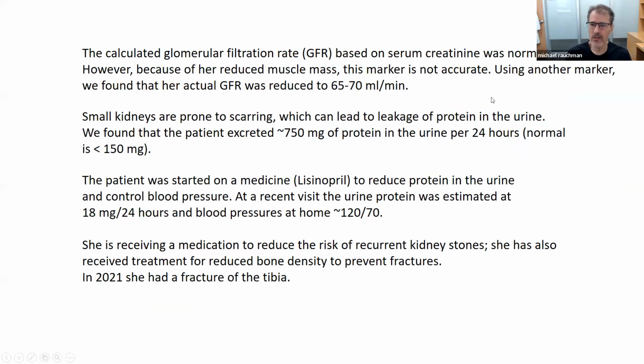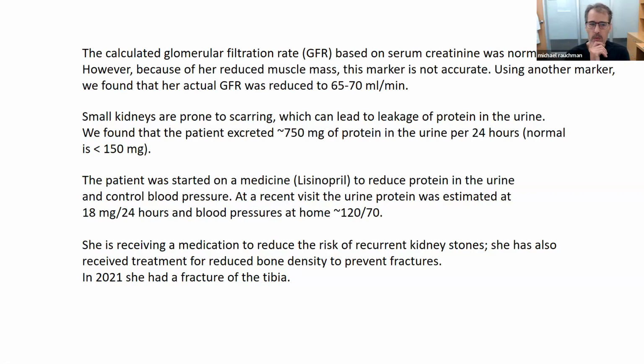But again, creatinine is made by our muscles and it's just a marker of kidney function. She has, of course, very reduced muscle mass. She's wheelchair bound, so the marker is not accurate. Using another marker, I was able to show that she actually had a reduction in kidney function, down to more like 65 to 70.